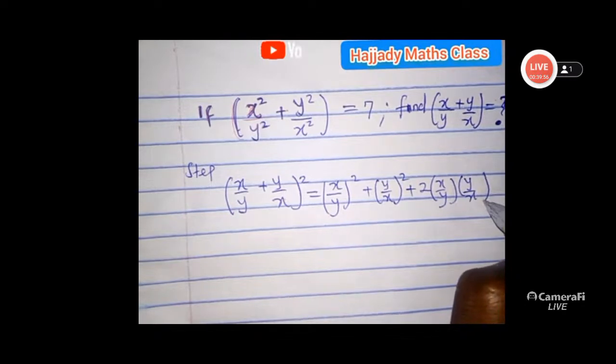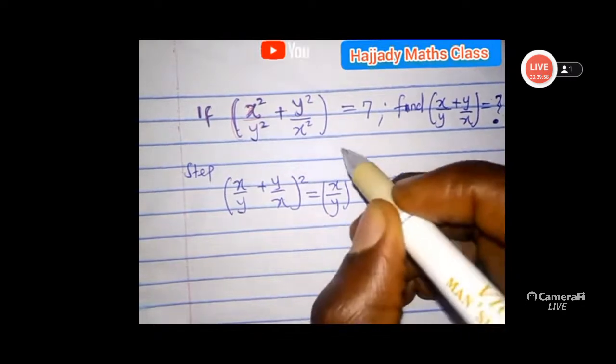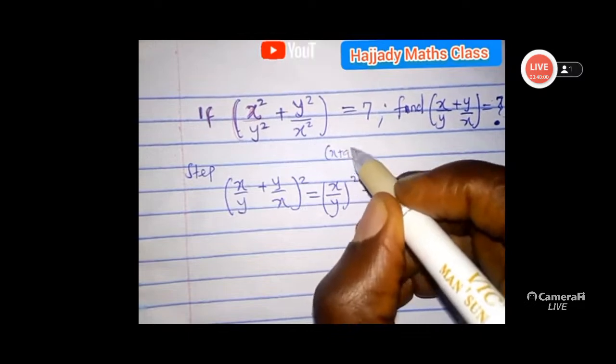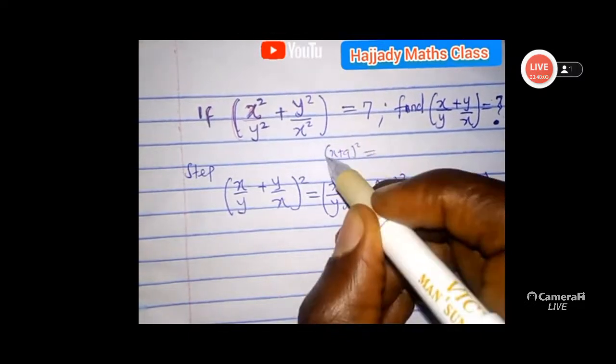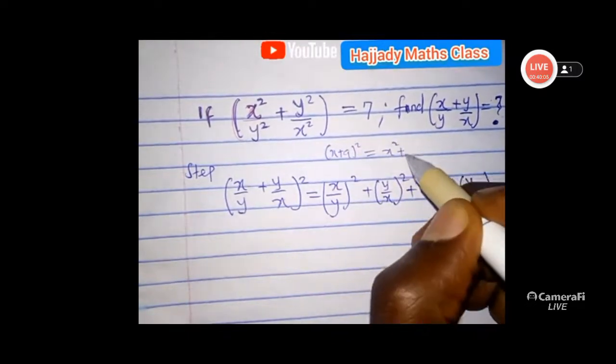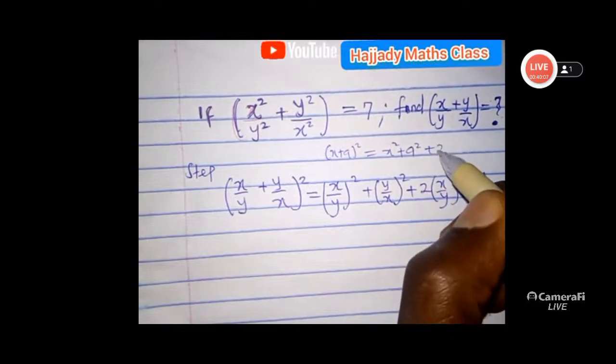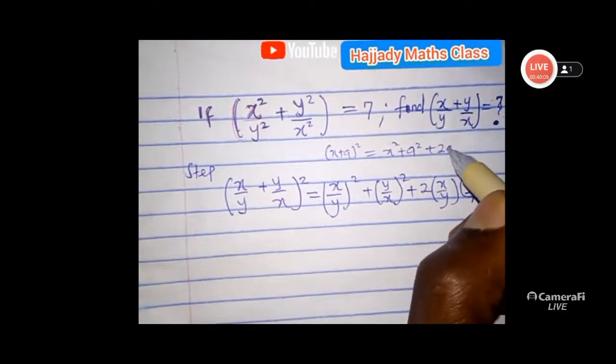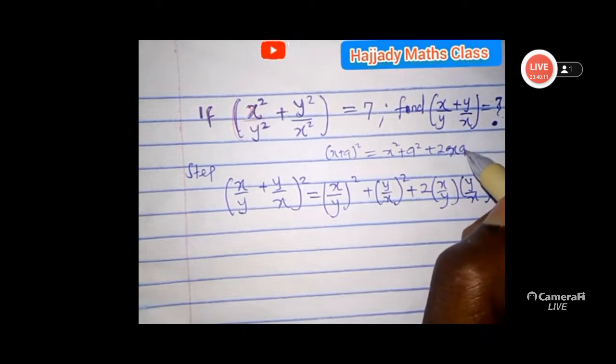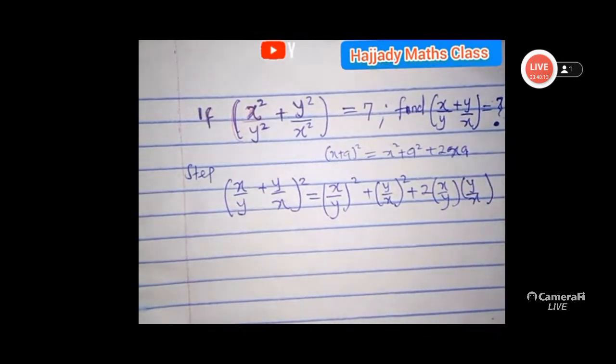The method used here is that when we have x plus a all squared, don't forget, this is the same as x squared plus a squared plus 2 times x times a. So that is the short method for expansion, and the same thing was applied here.